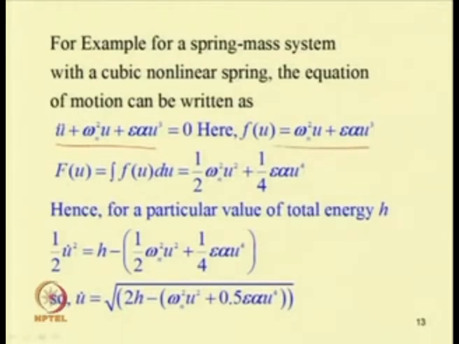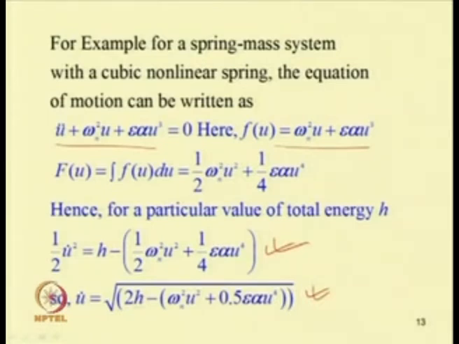The capital F(u) is the integration of f(u) du, which becomes half omega n square u square plus 1 by 4 epsilon alpha u to the power 4. Equating this to h minus half u dot square, u dot can be obtained: u dot equals root over 2h minus omega n square u square minus 0.5 epsilon alpha u to the power 4.